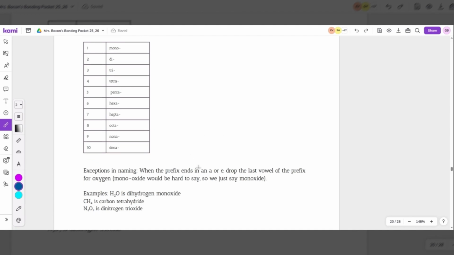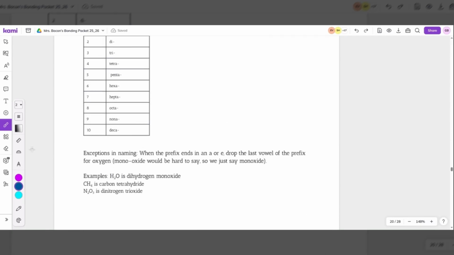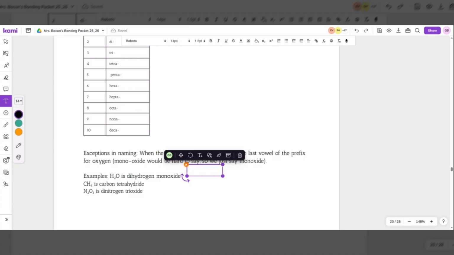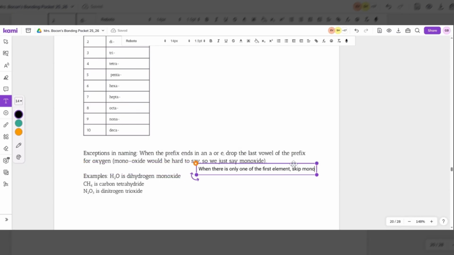Did I not include that in your notes? I will add this so that it shows up on yours. I should have a second exception here, which is also when there is only one of the first element, skip mono. That is the second exception.